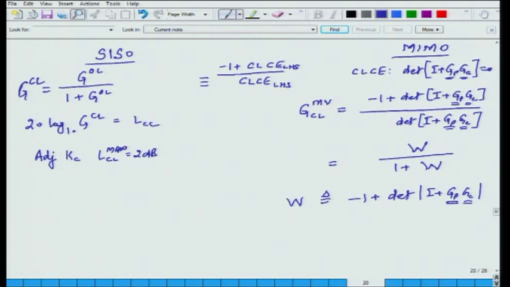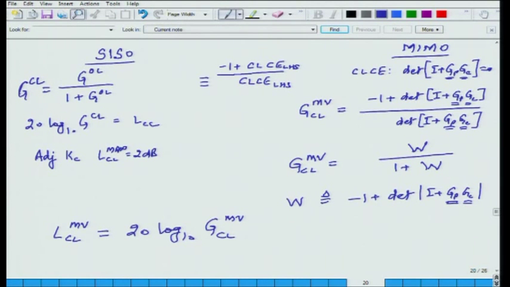All right. So, what shall we do now? Okay. So, this is my closed loop multivariable analog of the SISO GCL. Therefore, LCL multivariable by analogy is 20 log on base 10 of GCL multivariable.